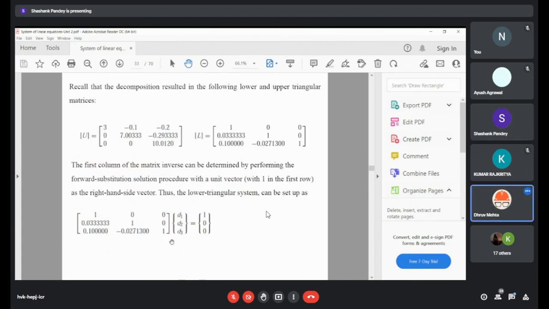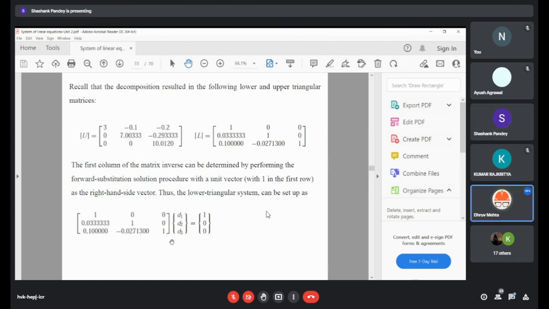We have decomposed this into two matrices, L and U. So what I have done is I have assumed a right hand side with one unity in the first row, and the rest of the terms are 0. I have calculated the values of d1, d2 and d3 using the lower triangular matrix.